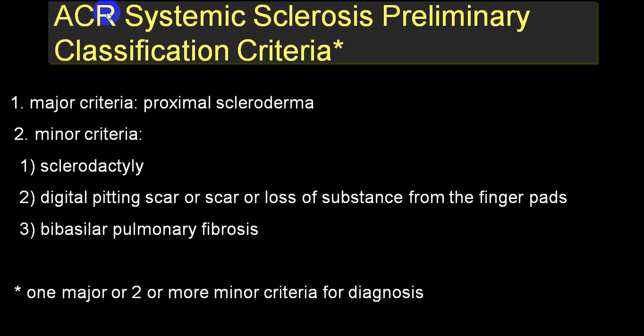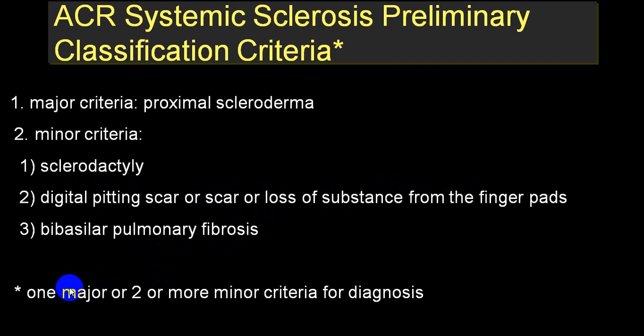ACR definition of systemic sclerosis. They classify the criteria as major criteria and minor criteria. The major criterion is proximal scleroderma, and minor criteria include sclerodactyly, digital pitting scar or loss of substance from the finger pads, so it is involvement of the finger, and bibasilar pulmonary fibrosis.